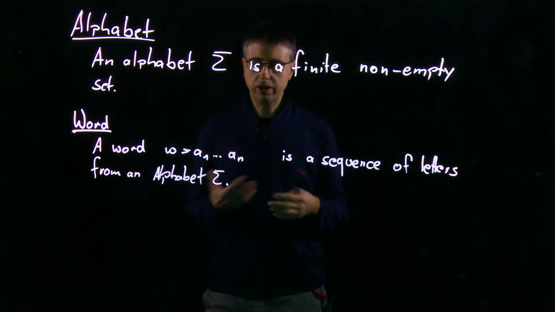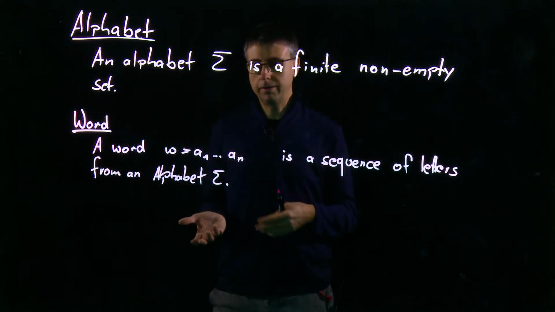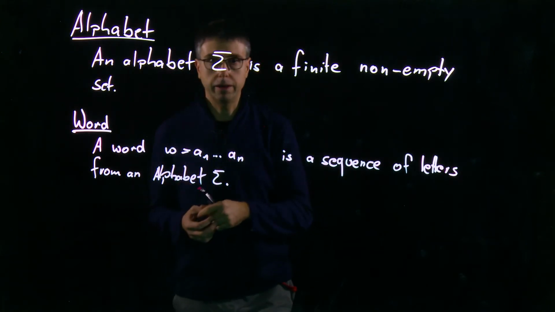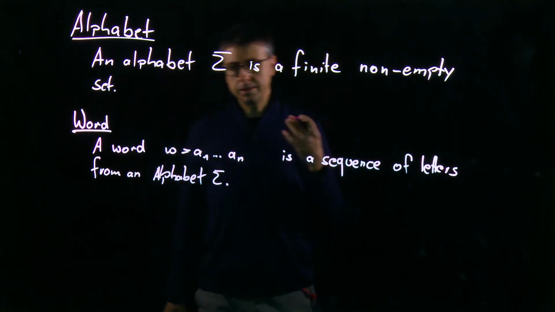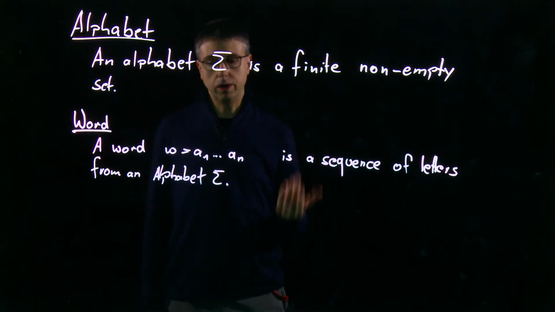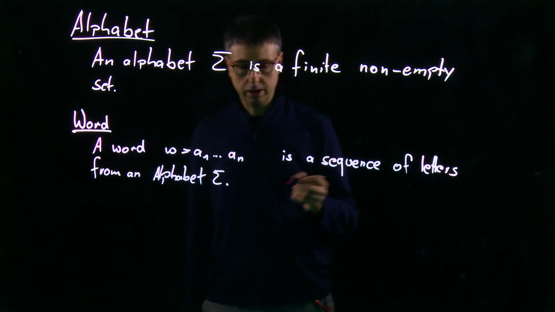This is actually very much like the strings from programming languages like C or Java. They all have strings, and a string is the same as a word here in the theory of computing. There's a special word, and that's the empty word, the word that contains no letters. To denote it, we use the Greek letter epsilon.